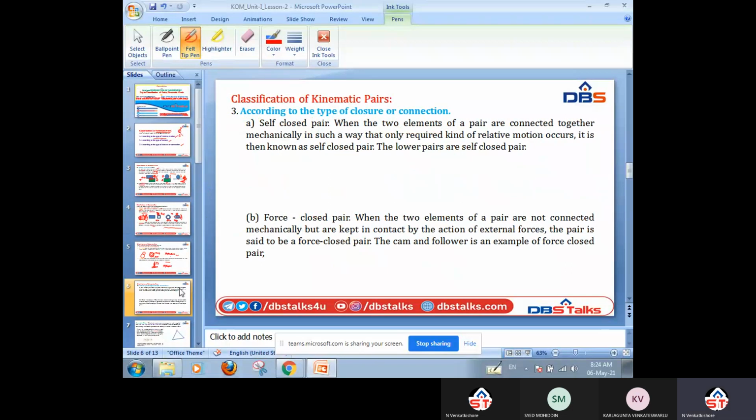The last one is according to the type of closure. Closure means they are in contact. Here we have two types: self-closed and force closed. Suppose the two elements of a pair are connected together by means of a mechanical link, for example a bolt and nut.